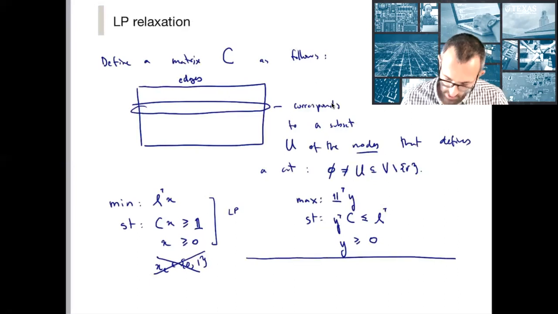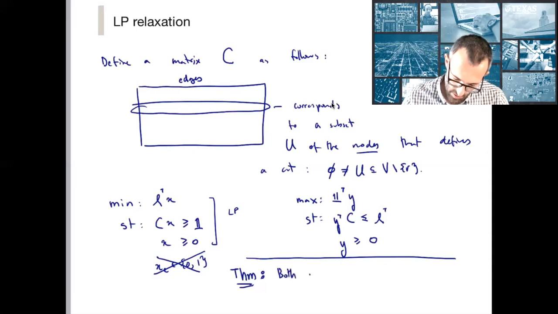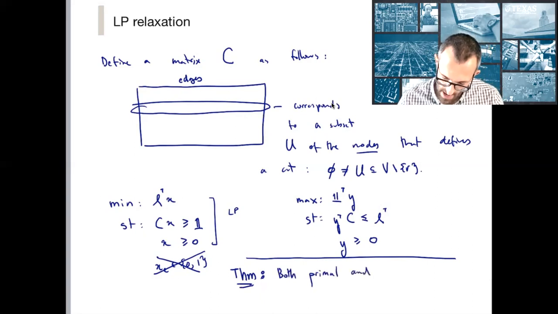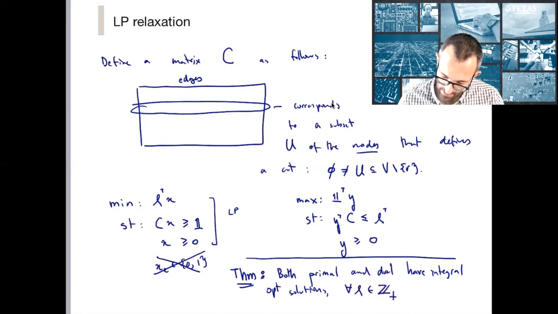So the main result is the following. Both of these linear programs are integral. Both primal and dual have not just integral values, but integral optimal solutions for any vector of lengths that are non-negative.